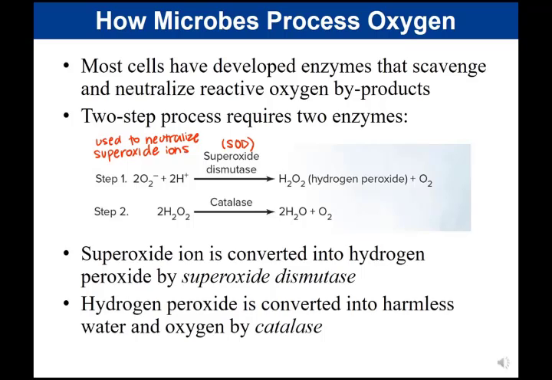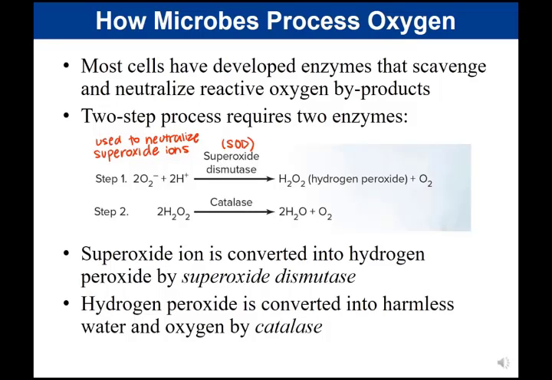They will convert those superoxide ions into our products. And we have two products in this case. We have hydrogen peroxide, and we have O2 gas. Now, remember I said that hydrogen peroxide is also unstable. So there's going to be a second enzyme needed to neutralize the hydrogen peroxide.